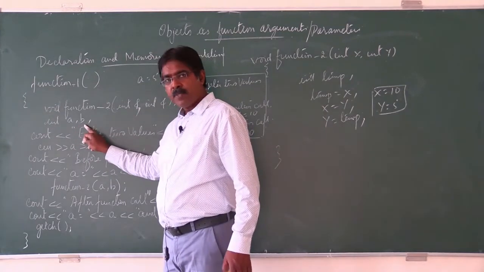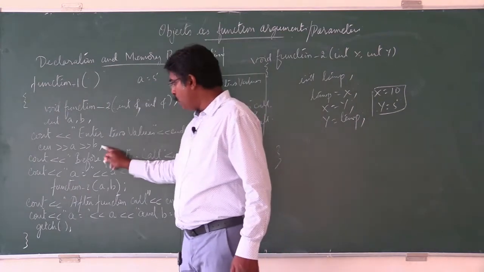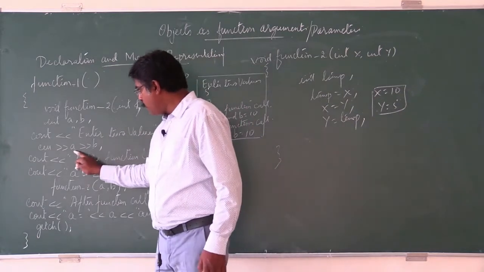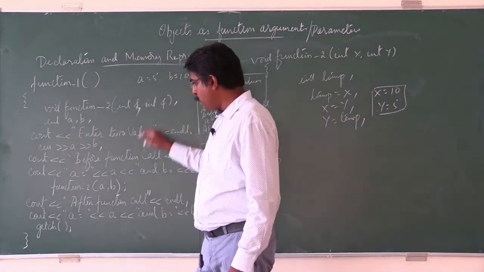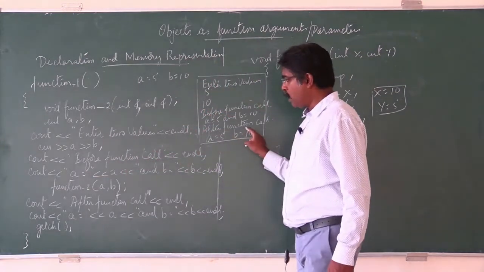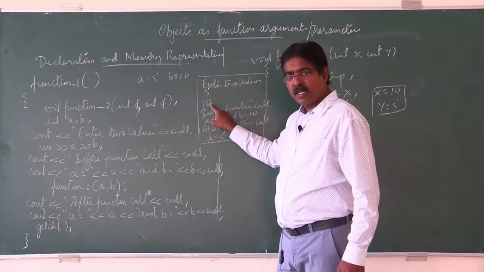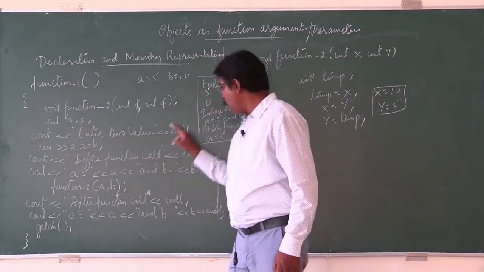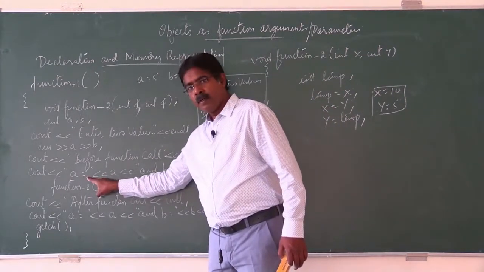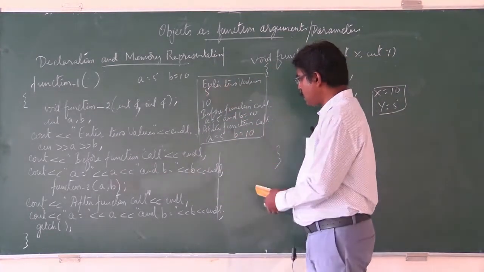Int a comma b, two variables, and let us imagine the same 5 and 10. Then I move on: enter two values, a's value is 5 and b's value is 10. Before the function call, a equals 5, the given value, and b equals 10.